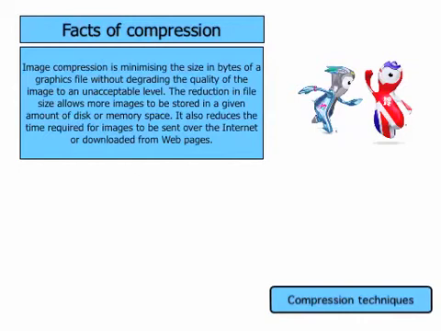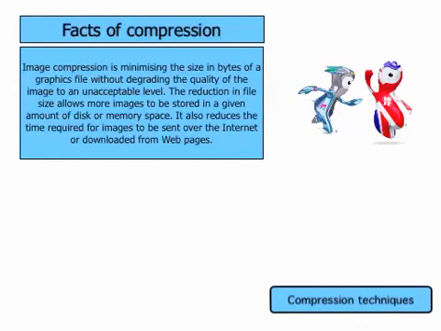So, if you take an example there, if you compress a file size, then if it's loaded on a website, it will load quicker because it doesn't take as much of the energy of the internet to download the image from its original location in order for you to see it. You could save it onto a memory stick, onto a hard disk drive, onto a camera disk, or, like an SD card.